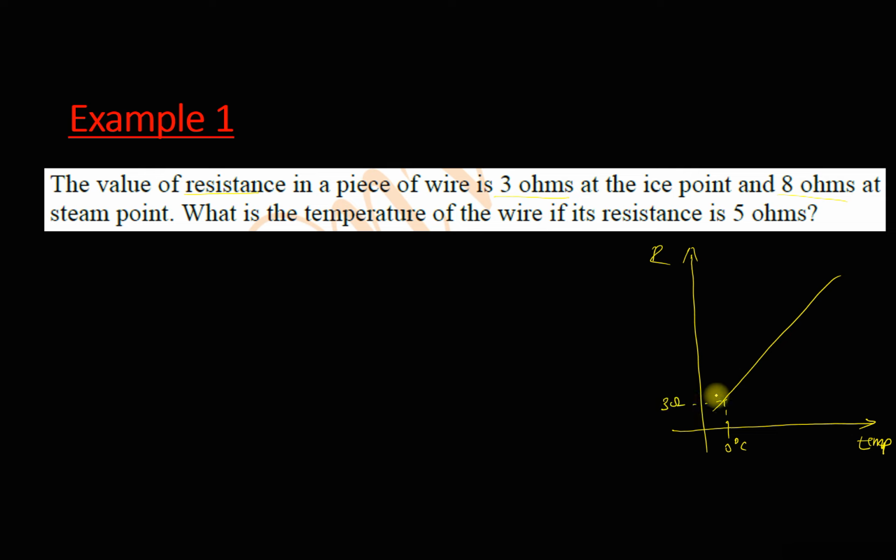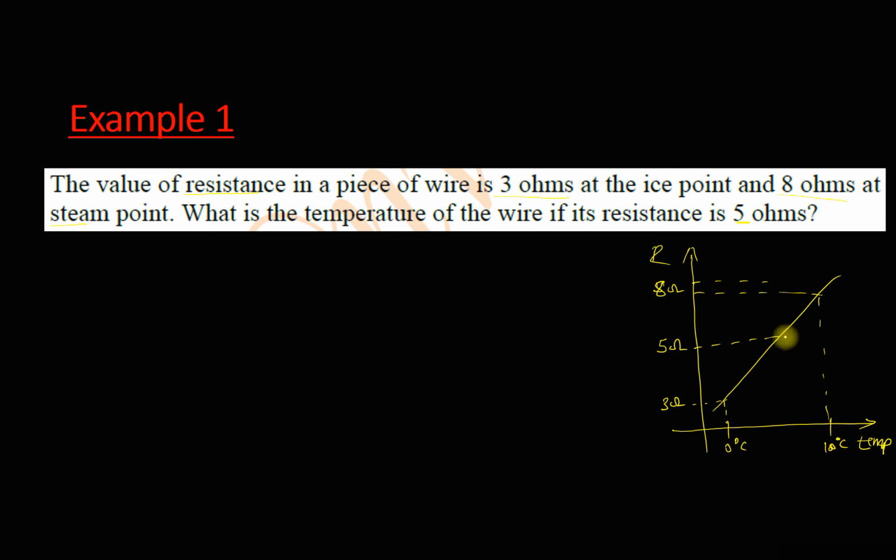And they say that at the steam point it is 8 ohms. So steam point is 100 degrees Celsius. At 100 degrees Celsius, the resistance is 8 ohms. And then 5 ohms is between 3 and 8. So I will put 5 ohms here.